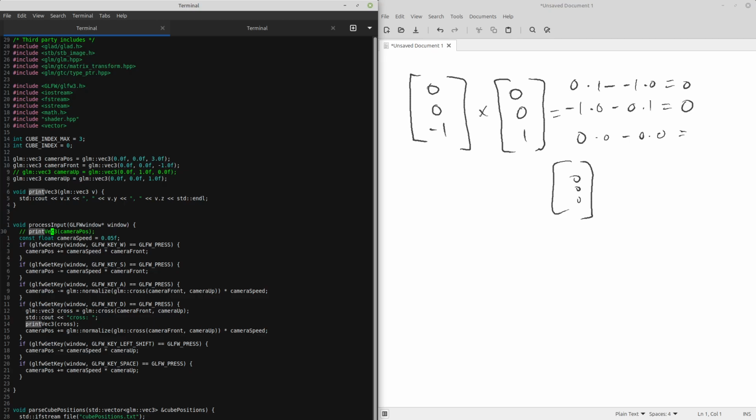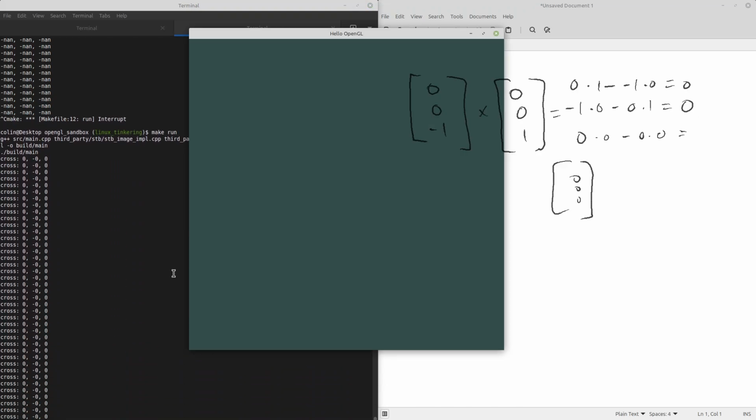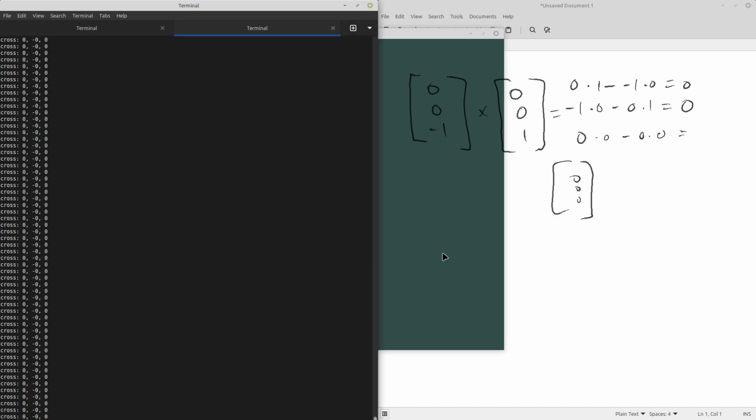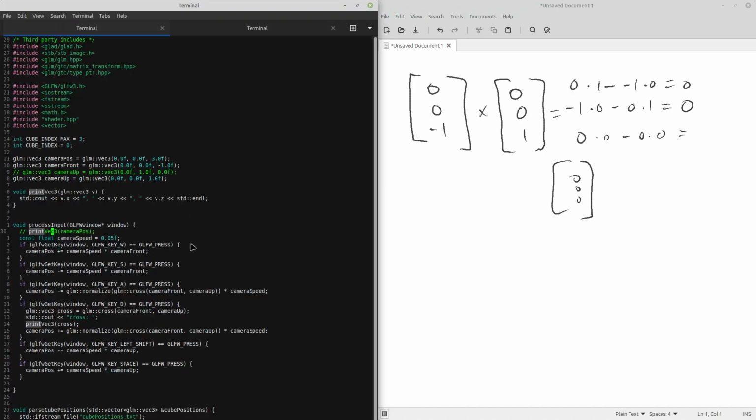So let's not print this out, just so we can see that output. Negative 0, interesting. What's going on there?